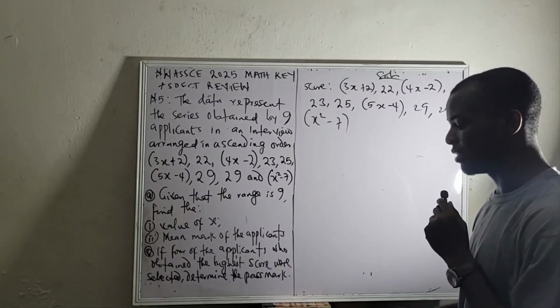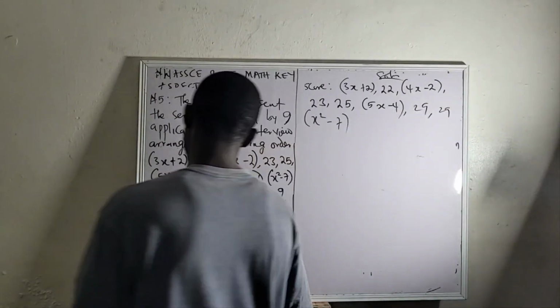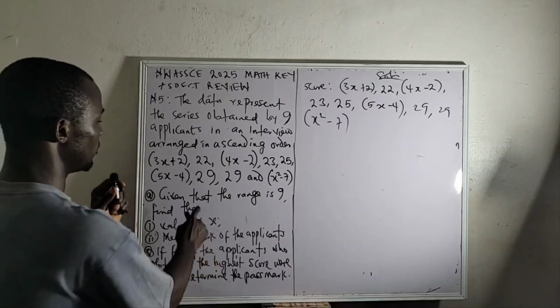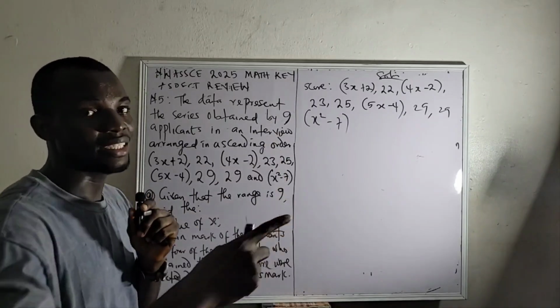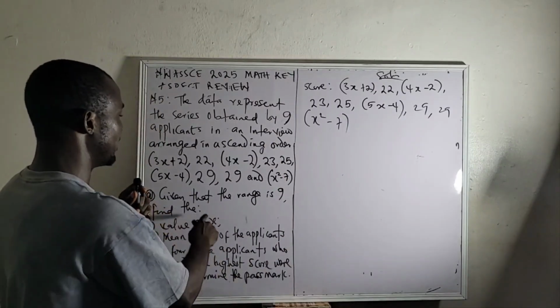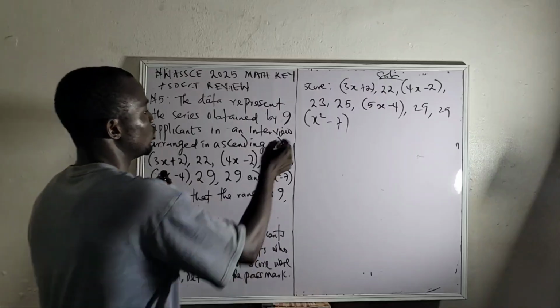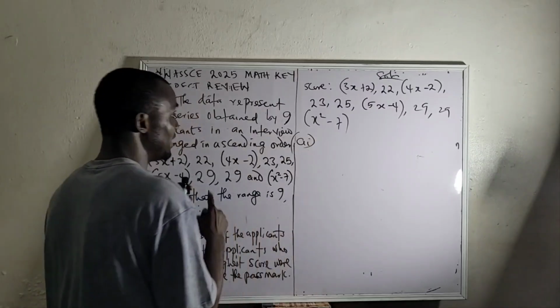That is what we have as the raw score. Now, they give us a clue. And remember, it's arranged in ascending order. The range is 9. So we are starting with the first part, to find the value of x.